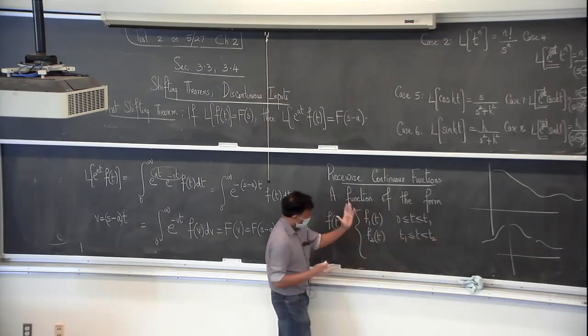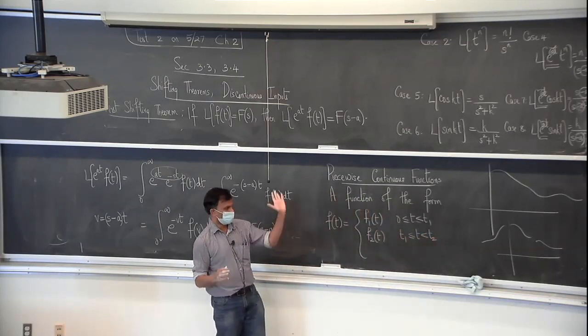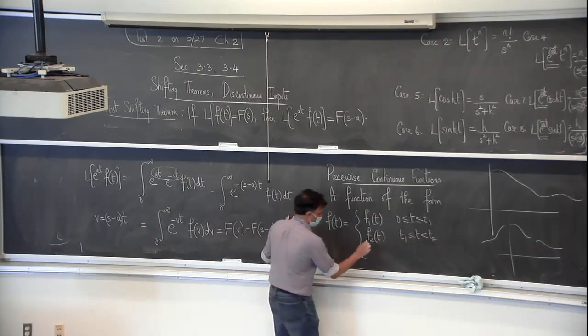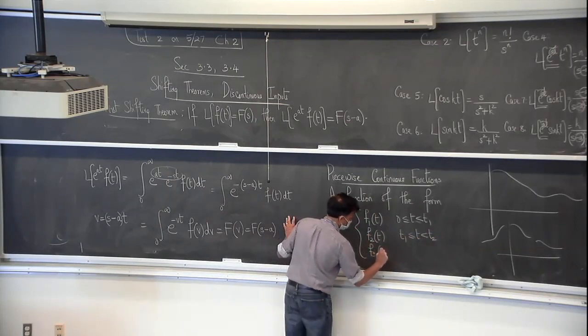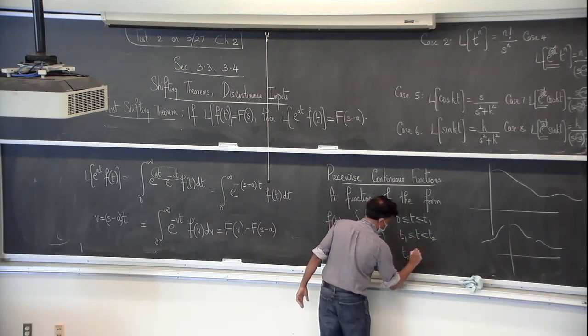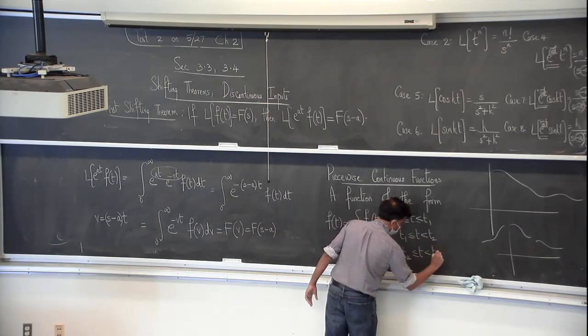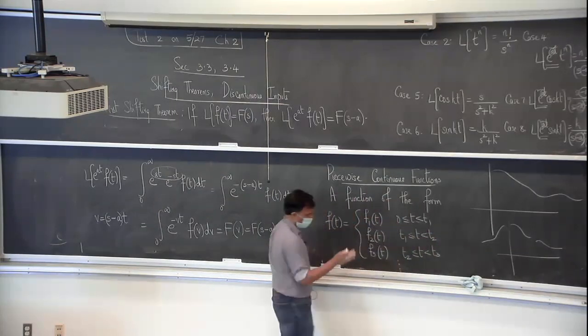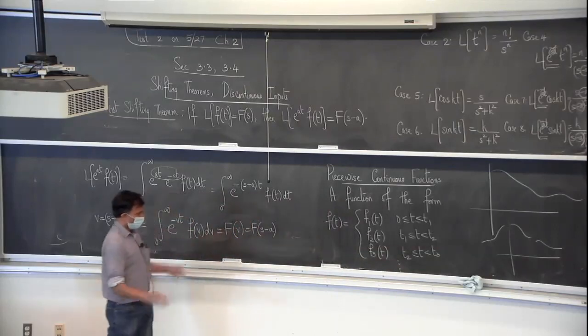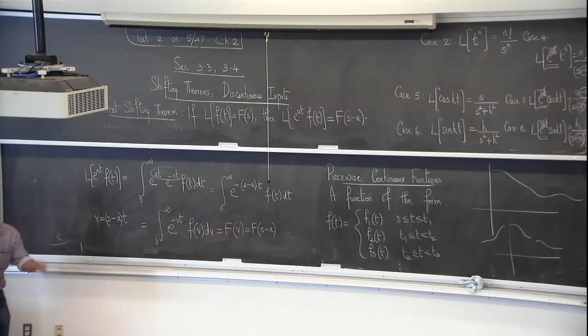So I'm going to include the left endpoints in the interval, the right endpoints are not included. f3 of t, t2 less than or equal to t less than t3, and so on. You can have any number of pieces glued together to form a piecewise continuous function.